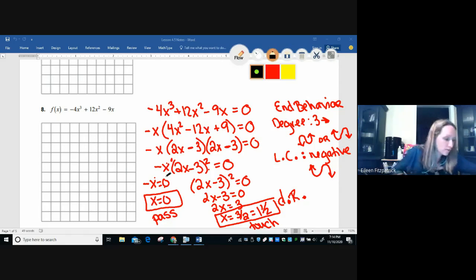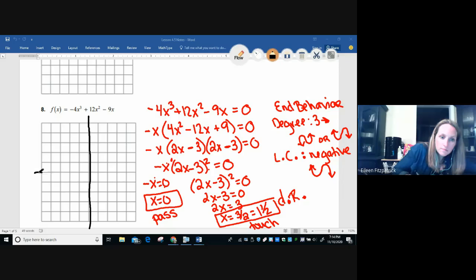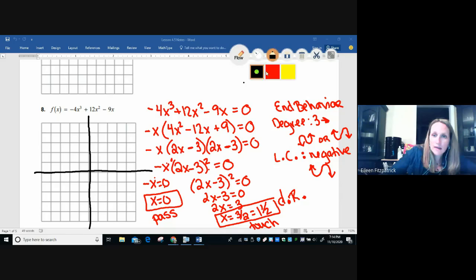And then I know if I'm touching or passing. So let's go ahead and graph this one. All right, so I have one x-intercept at 0, which I'm going to pass through. And I have one x-intercept at 1.5, which I'm going to touch. I know my end behavior, right?